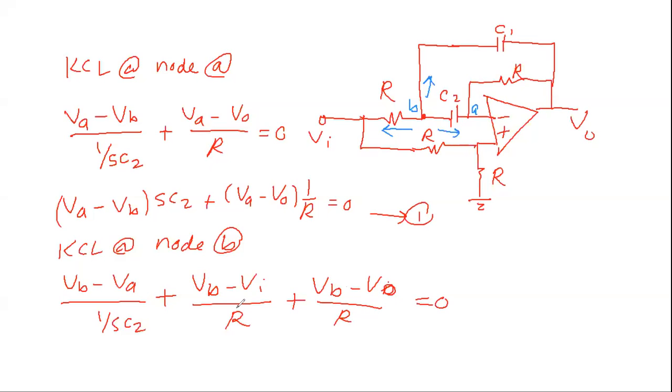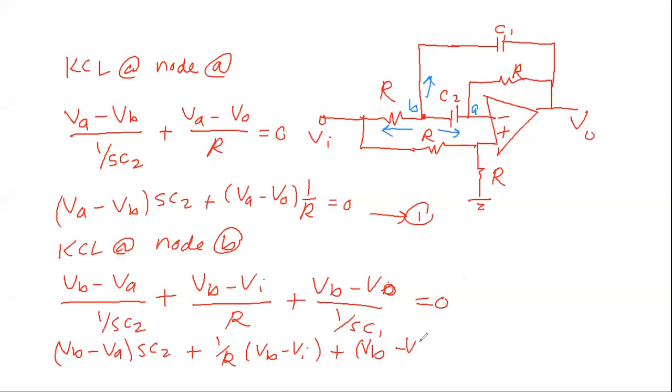Is it R or 1 over SC1? Sorry, yeah, this is not R. This is 1 over SC1. So you can simplify this as VB minus VA times SC2 plus 1 over R times VB minus Vin plus VB minus Vout times SC1 equals 0.